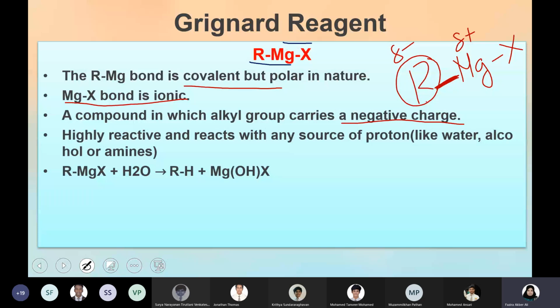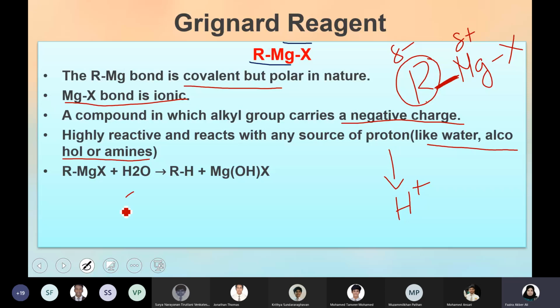What do you mean by proton? What is a proton? H plus. That means any source of proton like water, alcohol or amine, if they react, you are getting the reaction. And the example is given below. RMgX, when it reacts with H2O, you are getting an alkane.